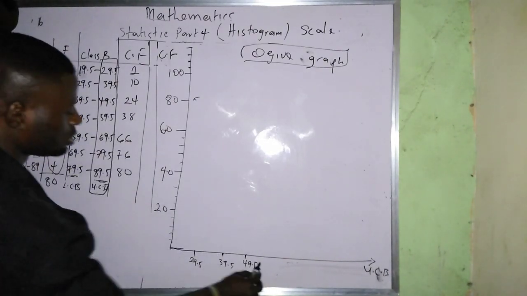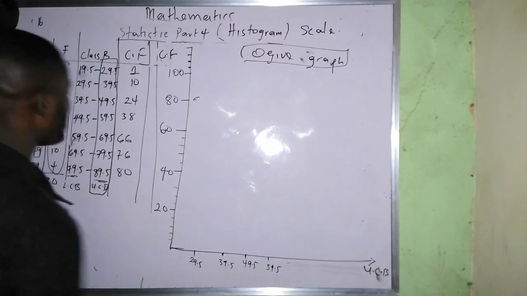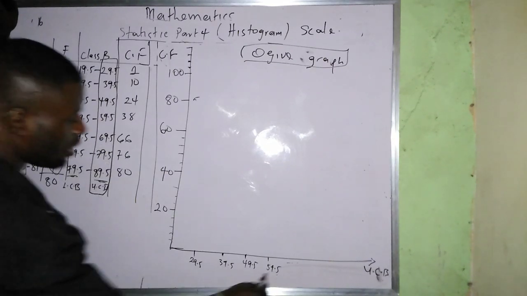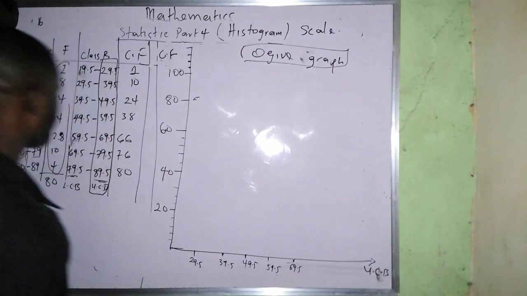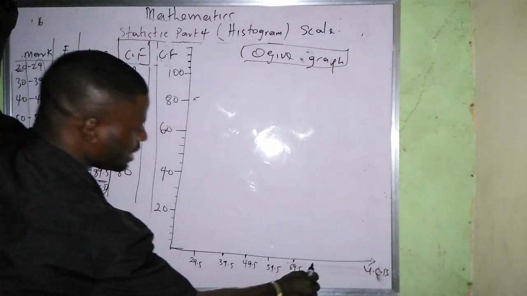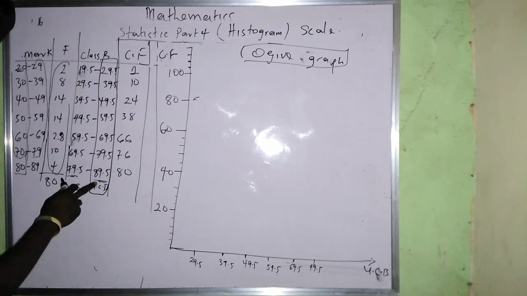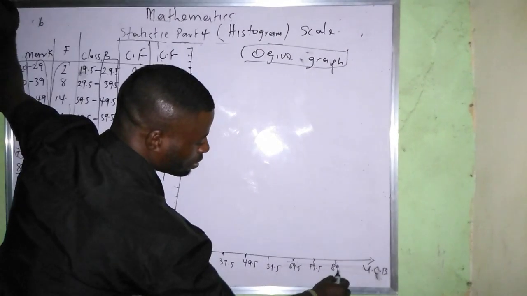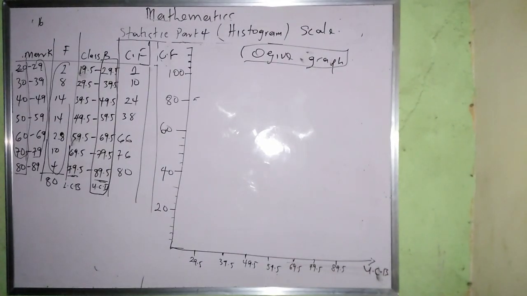I'll be having 59.5. I'll be having 69.5. 79.5. 89.5.